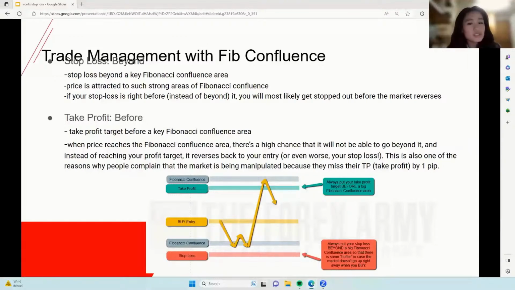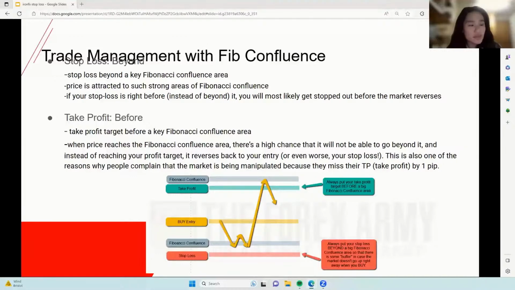Price is attracted to strong areas of Fibonacci confluence, and if your stop loss is right before instead of beyond it, you will most likely get stopped out before the market reverses. This is one of the most common reasons why people wonder why they got stopped out right when the market starts to reverse.